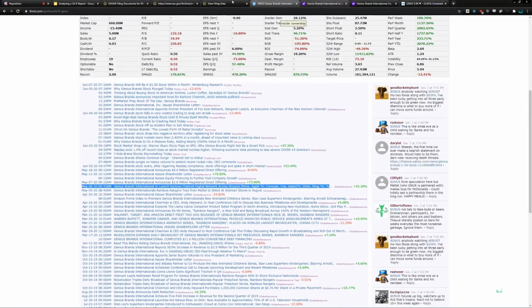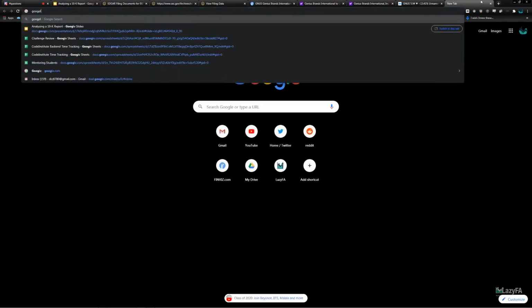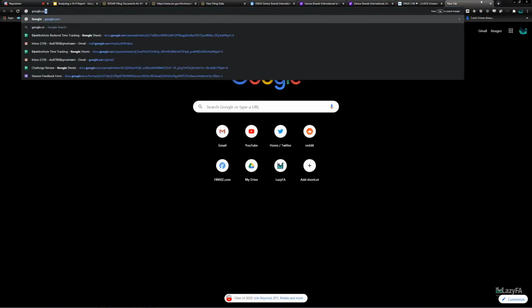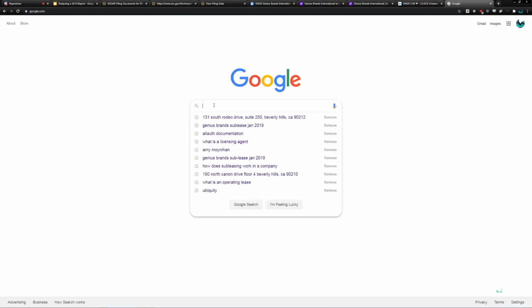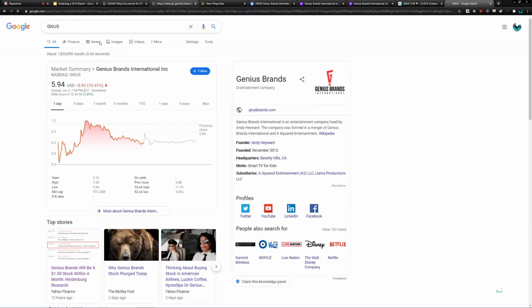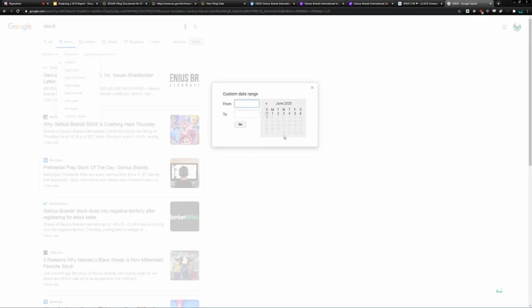Then I just repeat the same process for each of the other big dates. And if I can't find it, one of the good ways to find this information is to go to Google, search for GNUS, go to the News tab and go to Tools, and then you can set it on a custom range.